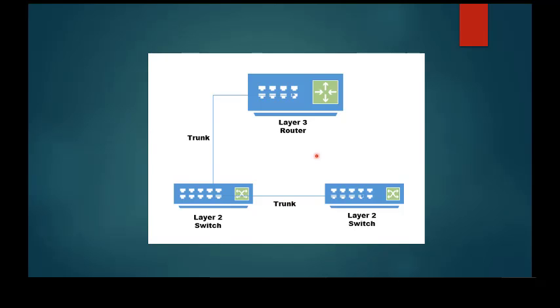So if the device knows how to handle .1Q tagging, then you can set it up as a trunk. With this, the biggest thing that you'd use this for is to pass multiple VLANs across the network.